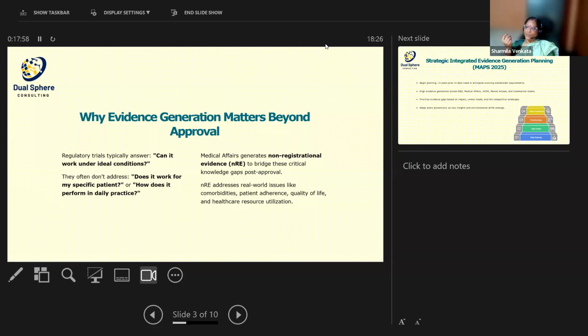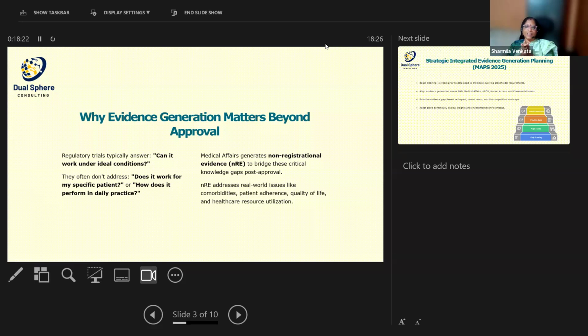And next, patients want to know, will it fit into my daily life without causing major disruptions or side effects? And finally, regulators want to know, will its long-term safety and effectiveness hold up once it's in the market?